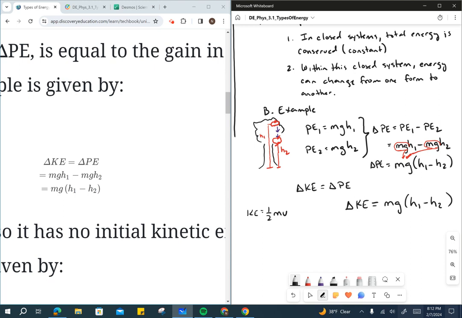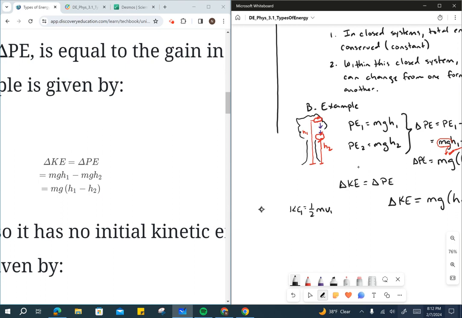Theoretically, you have a kinetic energy 1, which is a half times the mass times the velocity 1. And you should have a kinetic energy 2, which is a half times the mass times the velocity 2.